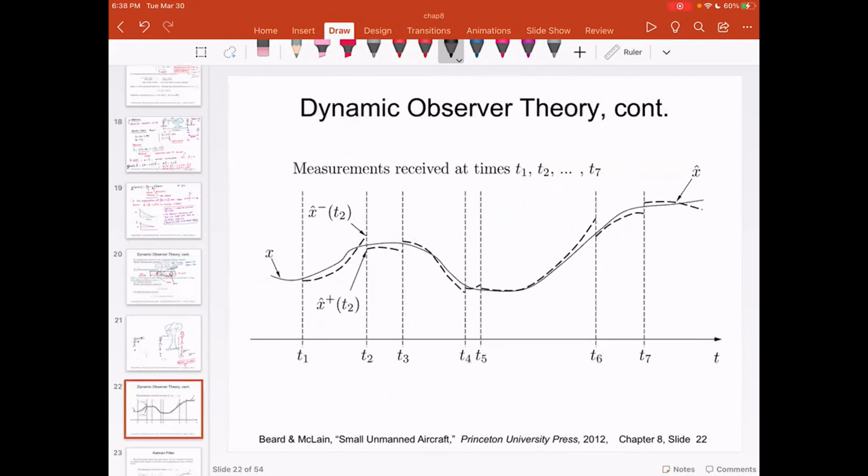So here is what is happening. You start measuring. As you can see, you see your friend and you estimate your friend is going somewhere here. And all of a sudden, boom, you see your friend at this location, and then you make a correction. And then you continue with that correction. You have another measurement at T3. You make this correction. Then at T4, you get an update.